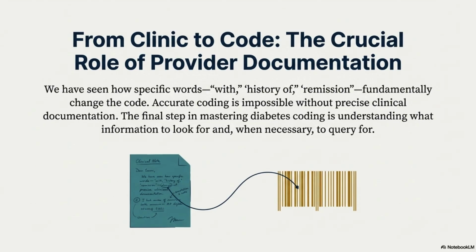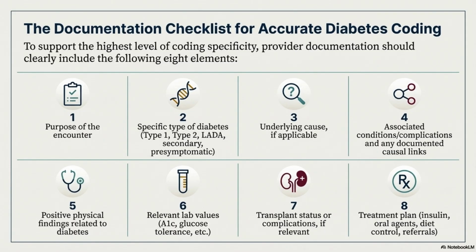the patient's clinical picture. Here's a quick documentation checklist to make sure we're capturing diabetes accurately and consistently. First, we always start with the purpose of the encounter, why the patient is being seen today. Next, confirm the diabetes type, whether it's type 1, type 2, LADA, or unspecified. Then look for the current status, active disease, pre-symptomatic, or remission.